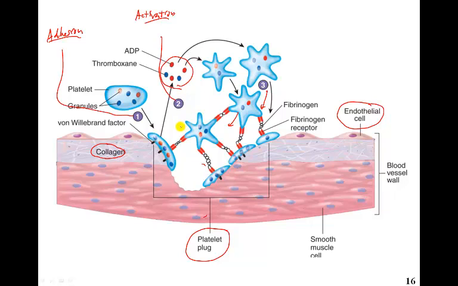But one of the things I want to point out here is that say we start with an intact vessel and the platelets are quiet. The initial break occurs. Say a couple of platelets come and bind and get activated.